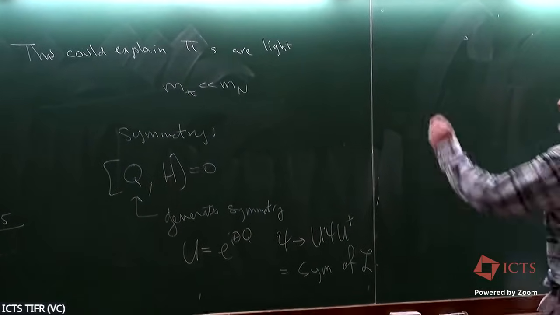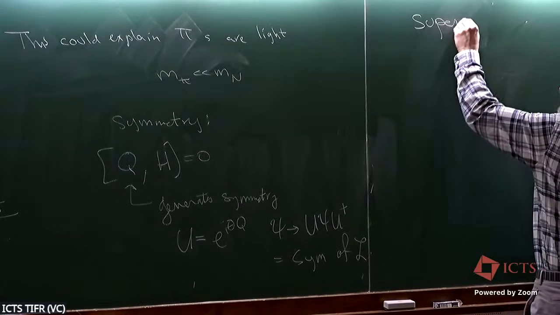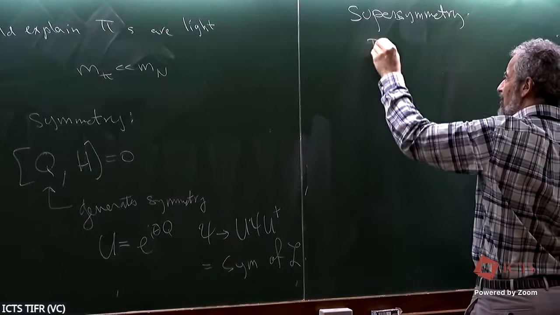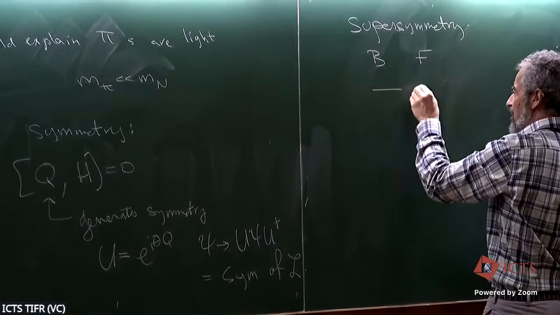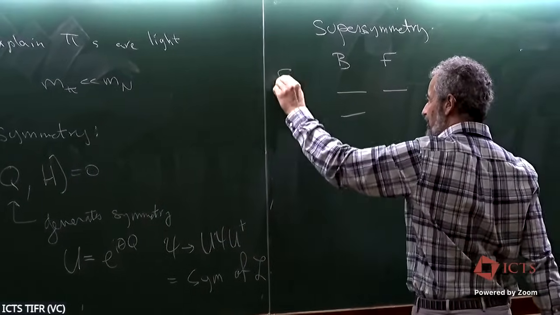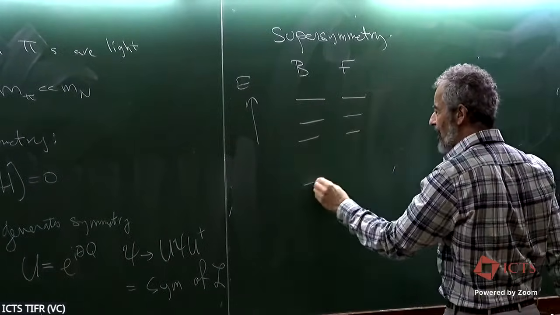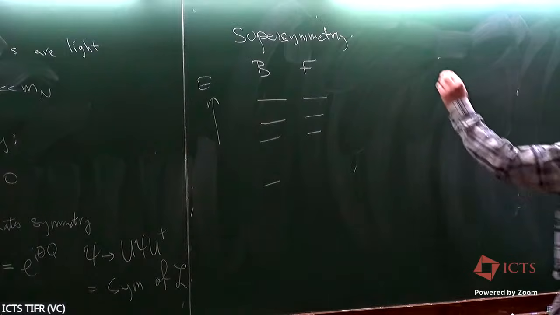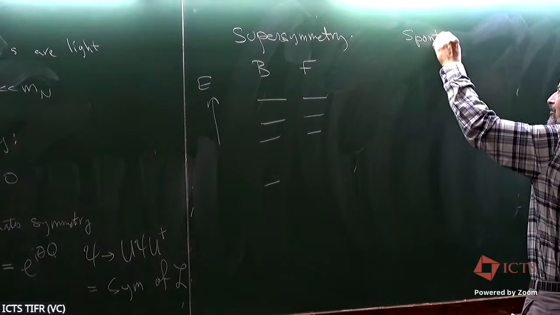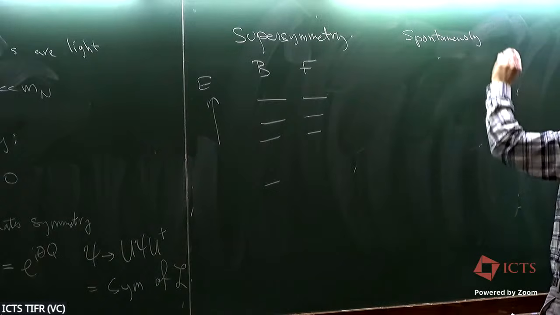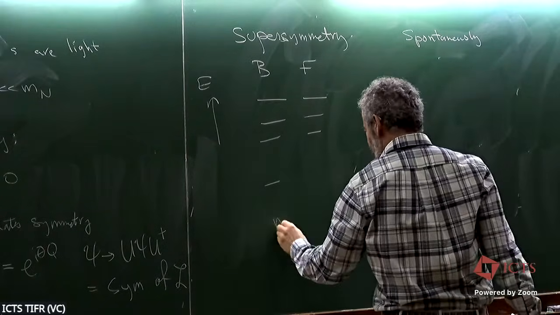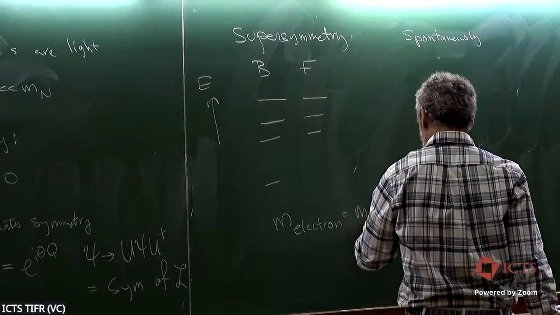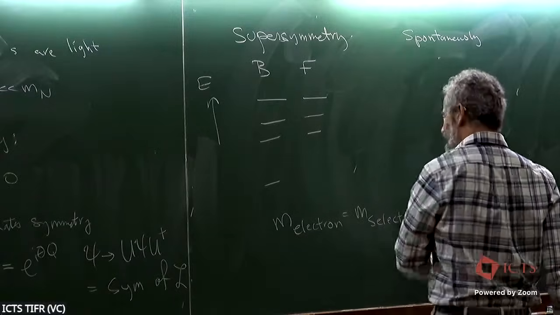The reason it's so simple to understand is because supersymmetry says that you've got Bose states and you've got fermion states, and they come exactly paired in energy, except for possibly a ground state, which is Bose, with no fermion counterpart. Now you spontaneously break supersymmetry. For example, in the unbroken case, the mass of the electron would equal the mass of the selectron, its supersymmetric partner.